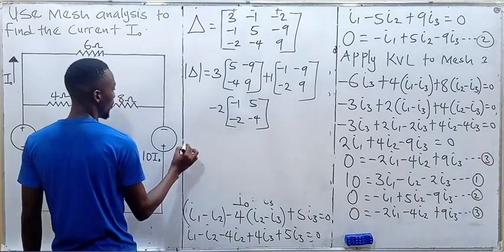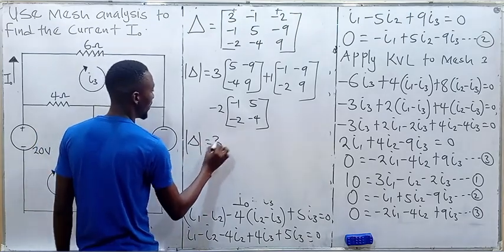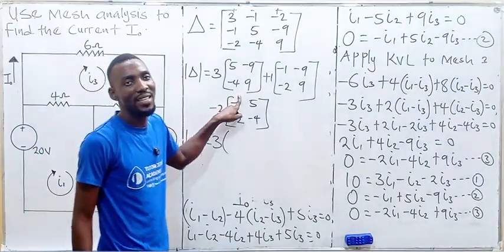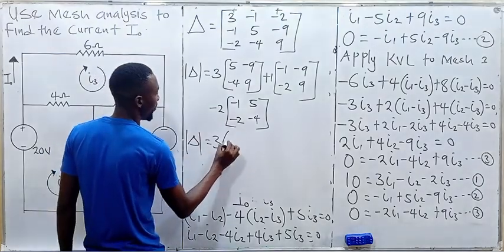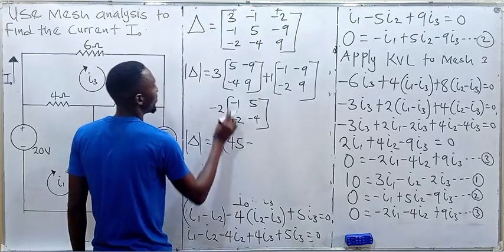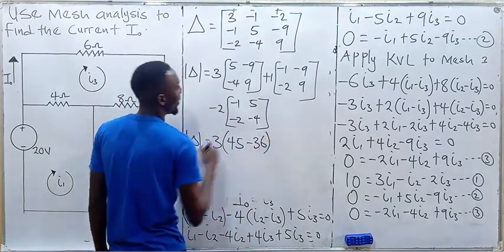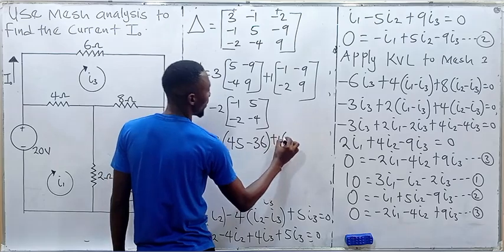All right. So this is going to be 3 into 9 times 5. What is 9 times 5? 9 times 5 is 45, minus 4 times minus 4, that is 36. All right. Plus 1 into 9 times minus 1.